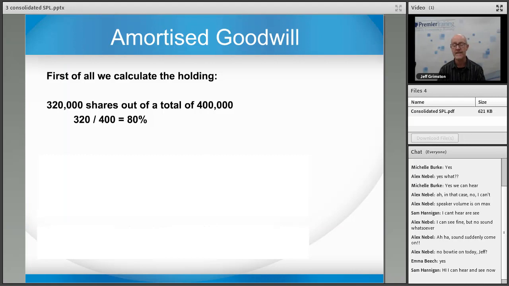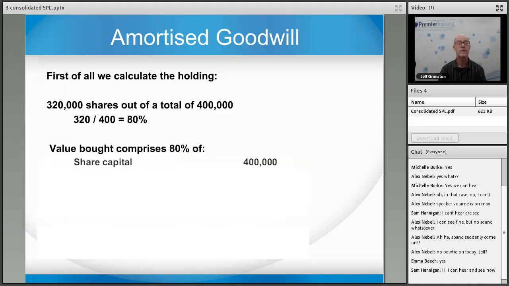So we've bought 80% of the share capital, which doesn't change. That's £400,000, which we just saw on the equity section of the statement of financial position. And at the time we bought it, retained earnings stood at 50,000. We don't choose the figure as it is today because the figure has changed during the year since the acquisition took place.